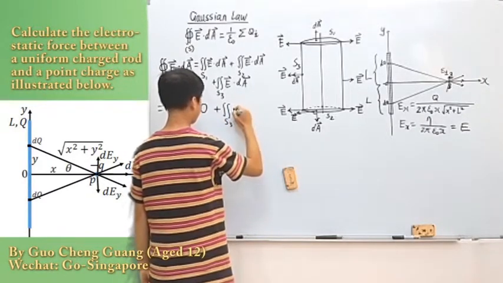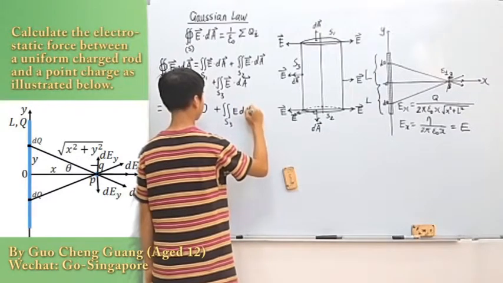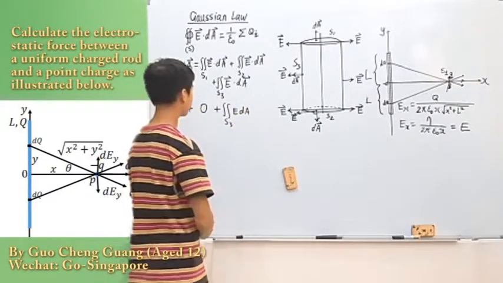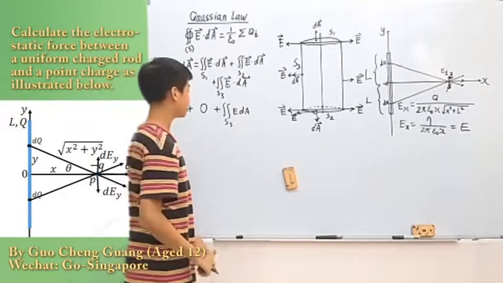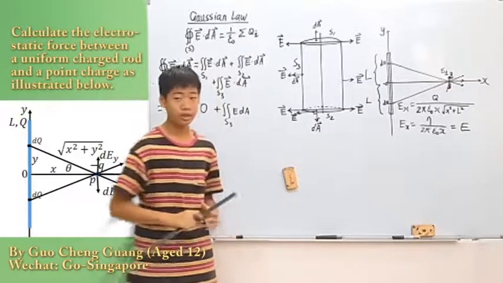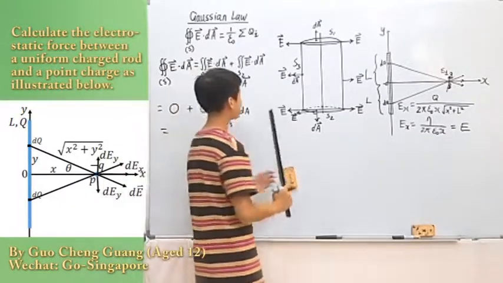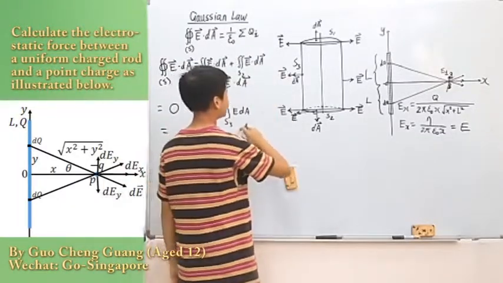So then you just get E dA, alright? For E dA, can we make any other changes to it? Let's take a look at E first.